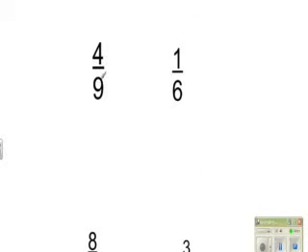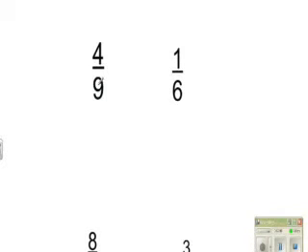In the case of comparing ninths with sixths, again, you could go with 54ths, but that's kind of an ugly number. A smaller, the least common denominator would be, well, let's see. This is divisible by 3, and so is that. And so you have a common factor here. You don't have to go as big as 54ths. Let's think about what could be smaller. Well, 2 times 9 is 18.